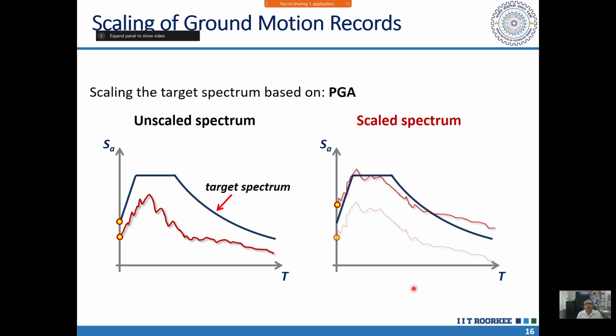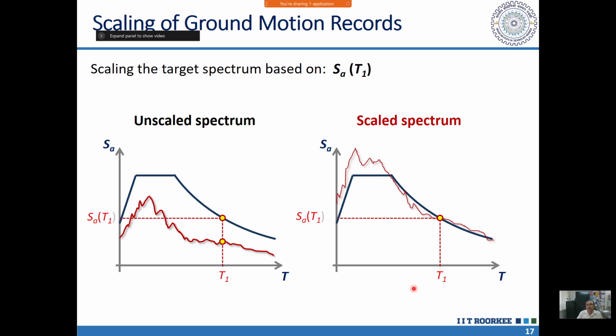That point on the response spectrum which is governing the response of my structure is more important, and that corresponds to the fundamental period. So if I scale with respect to the fundamental period, the first mode period, that is more important, because this value of spectral acceleration is going to give the maximum contribution in my structure. So usually we scale it with respect to this parameter, which we call SaT1.